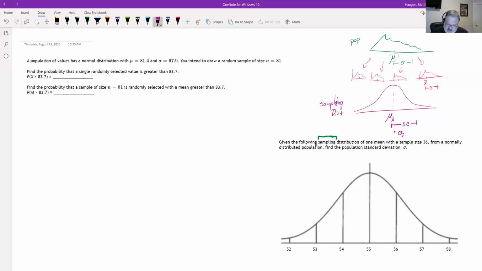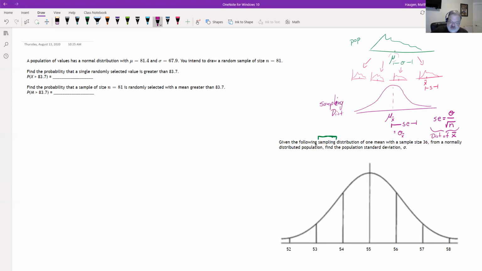And we know that standard error is related to the original standard deviation, and we can find it by dividing by the square root of our sample size. Now, this rule for standard error is very important that we connect that to a distribution of means.